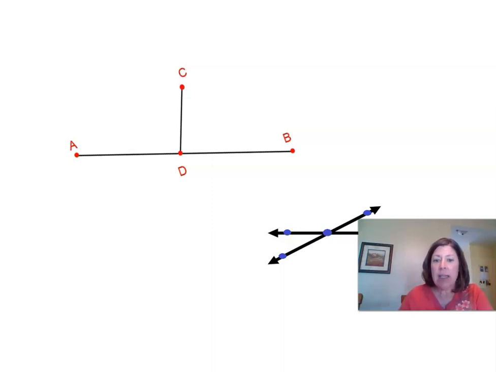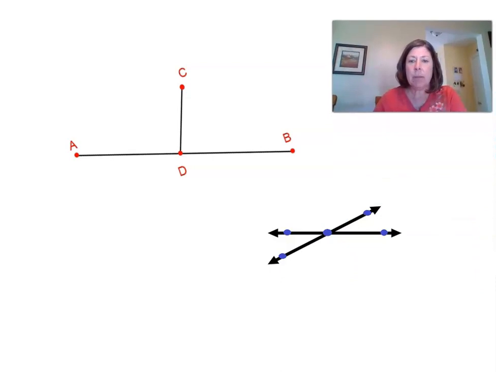So let's take a look at these two examples. Let's figure out what's happening here. We have two line segments, CD and AB, and they are intersecting at point D. Are these perpendicular lines?